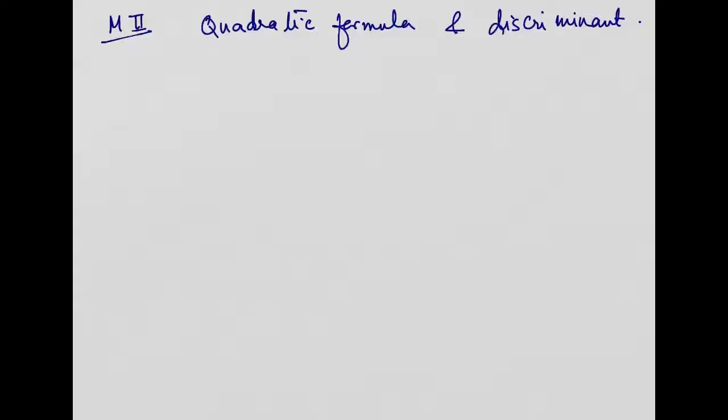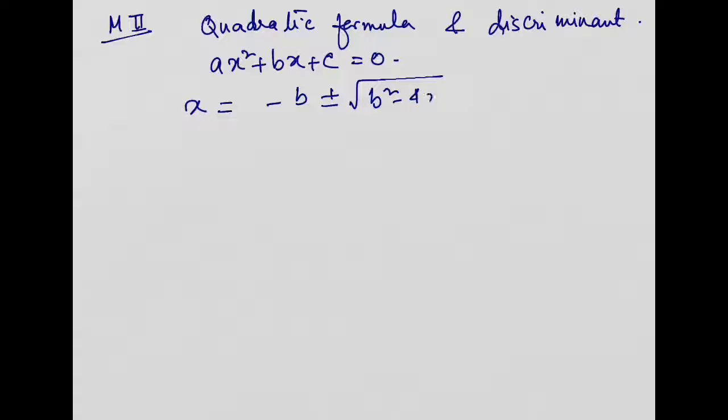The quadratic formula for the expression ax squared plus bx plus c equals 0 is x equals minus b plus minus square root of b squared minus 4ac, divided by 2a.